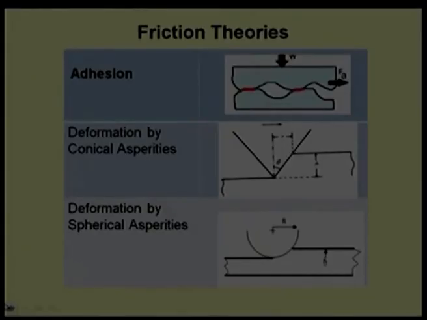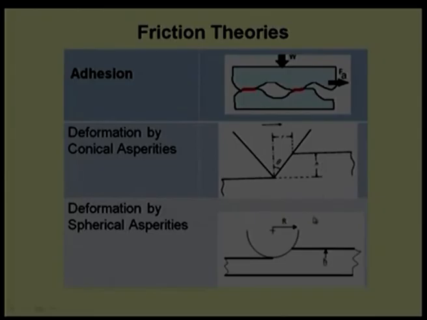If I summarize those three theories, what we get is that in adhesion, generally two surfaces get welded under pressure. That is why we call this mode of friction adhesion friction.